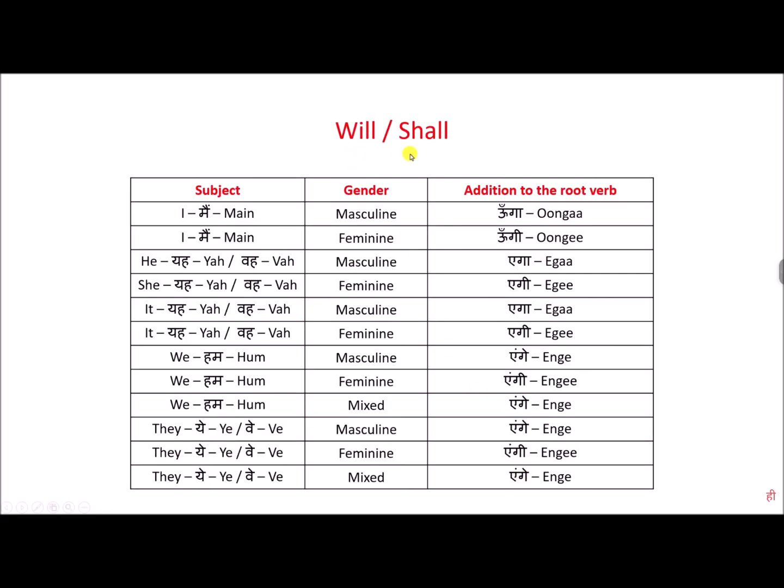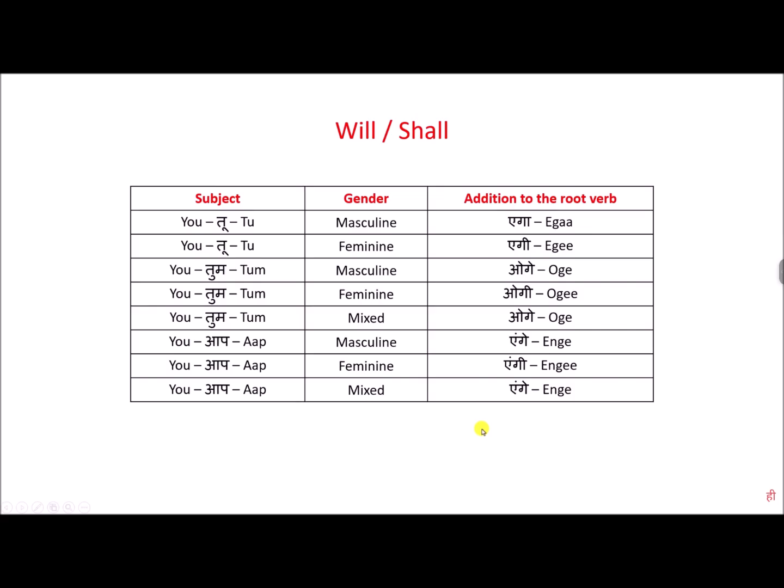Will and shall. When we use will and shall, these are the words that we will have to use with these subjects. Okay? Now I have listed them out for your reference. So this table will be helpful for you later.